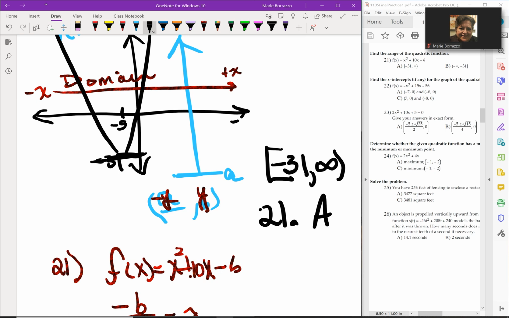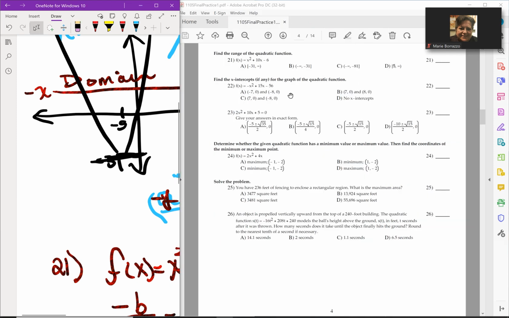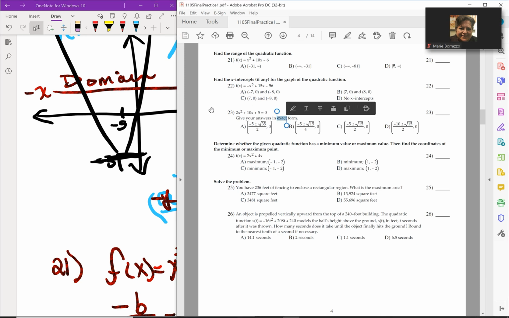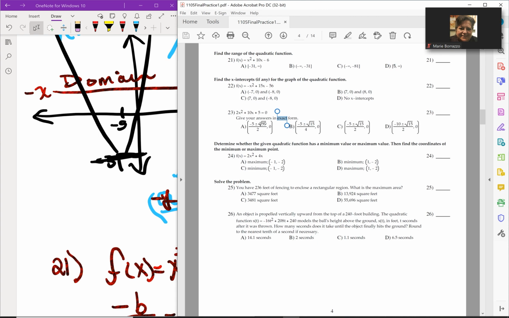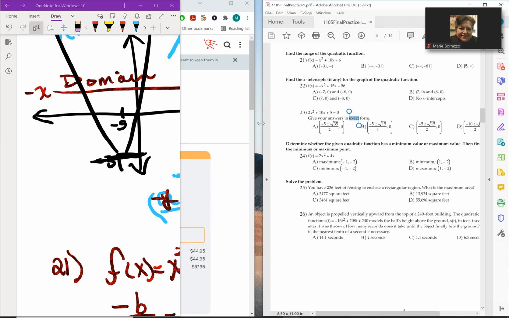All right, let's look at 22. Question 22 says, find the x-intercepts, if any, for the graph of the quadratic function. All right, so let's pull this over.